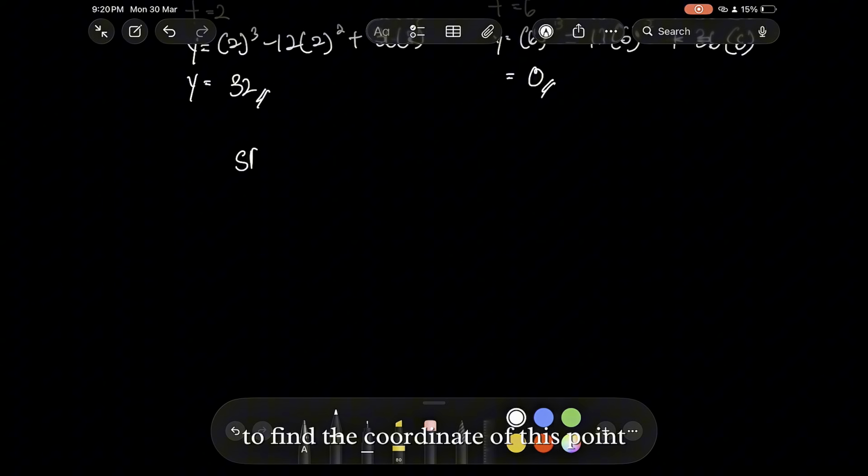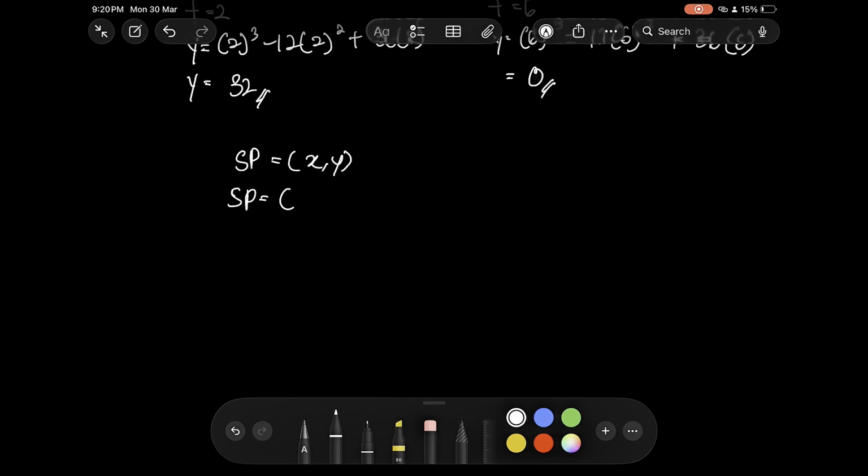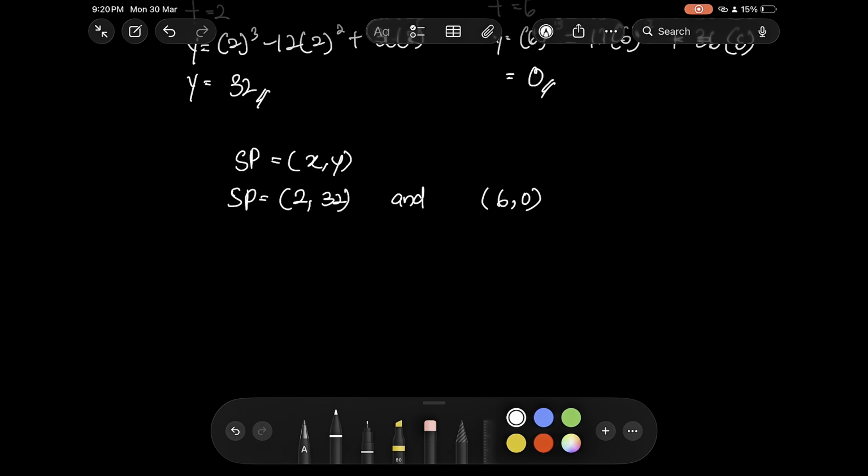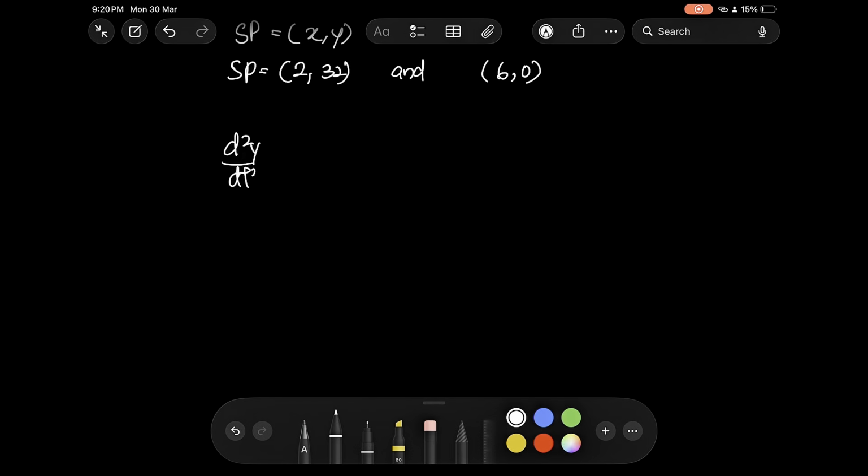To find the coordinates of these points, we substitute the values of t back into the original function, resulting in the maximum point at (2, 32) and the minimum point at (6, 0). Next, we find the second derivative, y'' = 6t - 24, to determine the nature of these points.